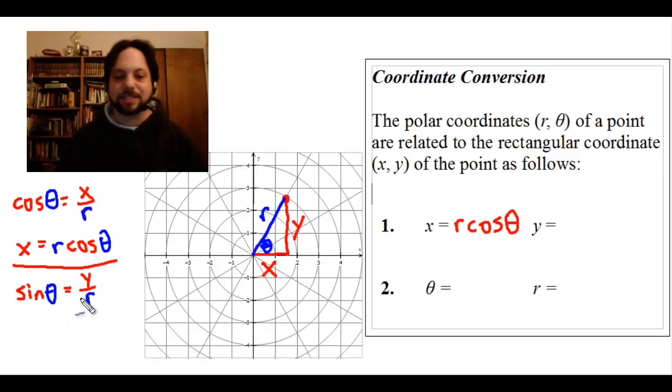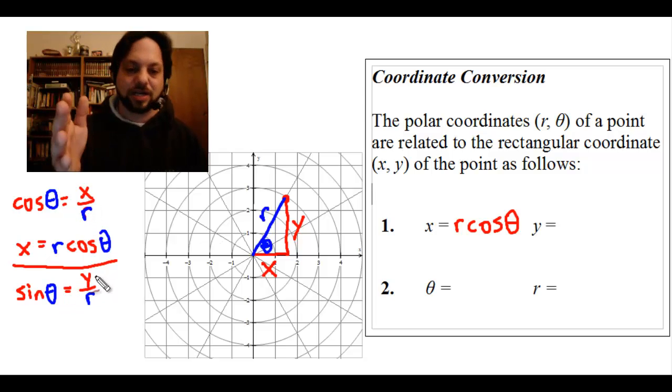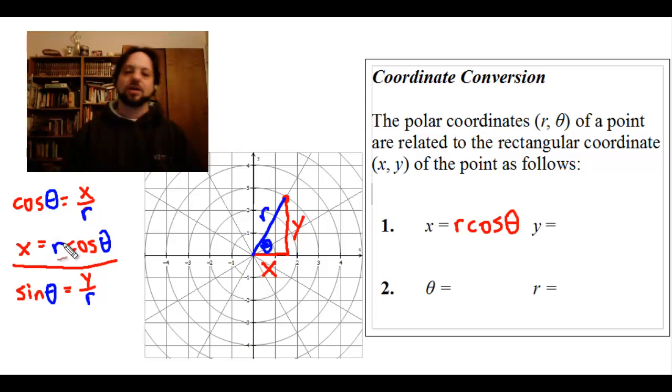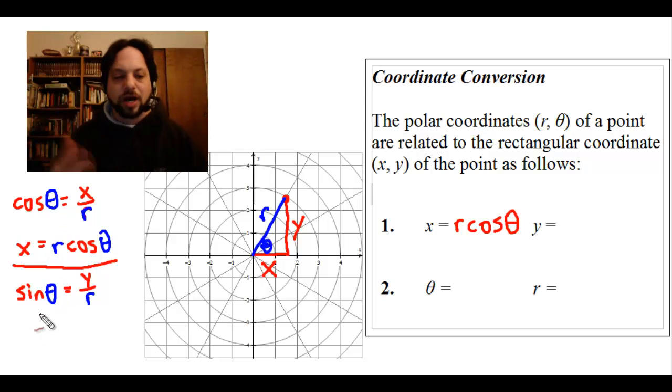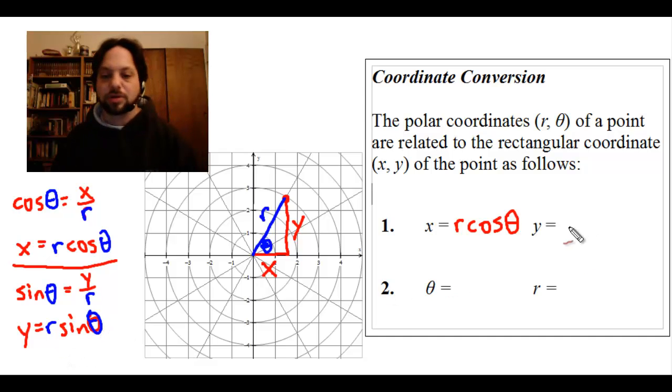Sine is opposite over hypotenuse, cosine adjacent over hypotenuse. So if we go from here, I just want to solve for y. What I'm going to end up with is that y equals r times the sine of theta, and that is going to be our formula for y. So I'm going to go ahead and write that over here. y equals r sine theta.